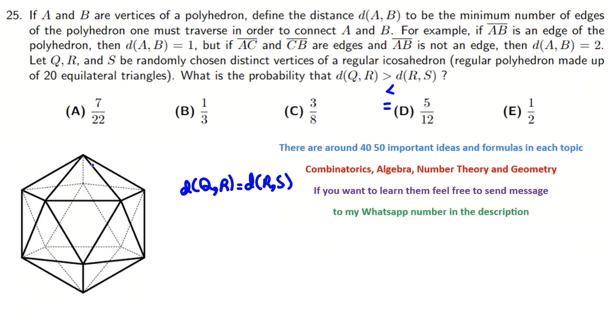Without loss of generality, we can consider R here. If we want to consider cases, this is the first level. Let me call this one 1. This idea of hanging out from a vertex is so important in graph theory.